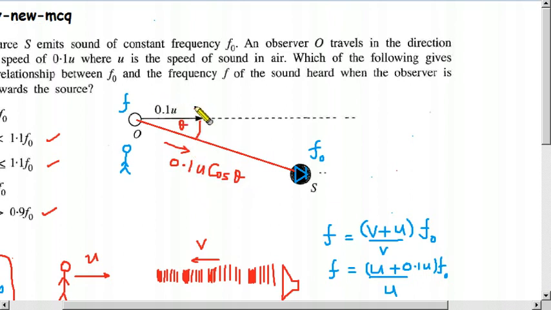Not 0.1 u, because it is just passing by the side, but directly towards the source, the velocity is 0.1 u cos theta.